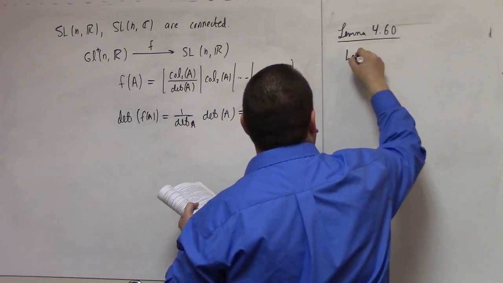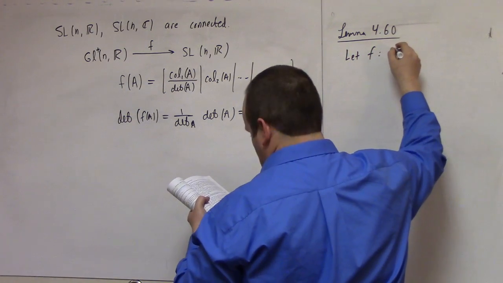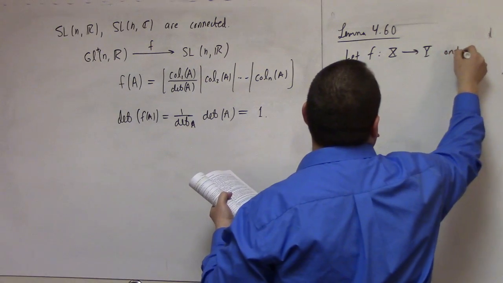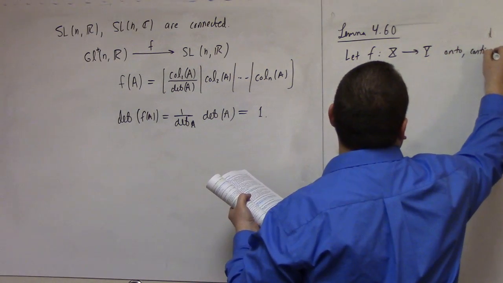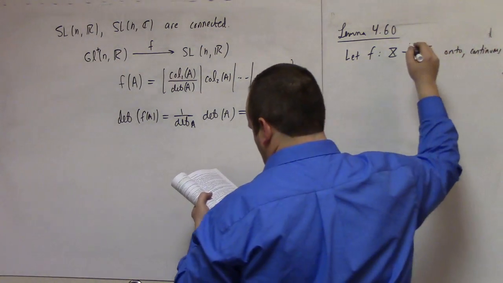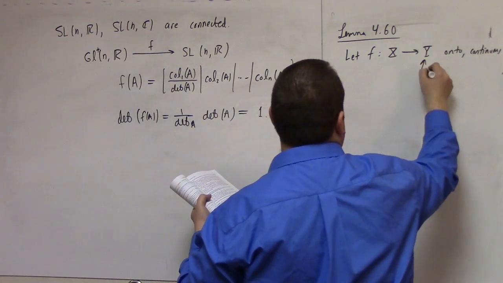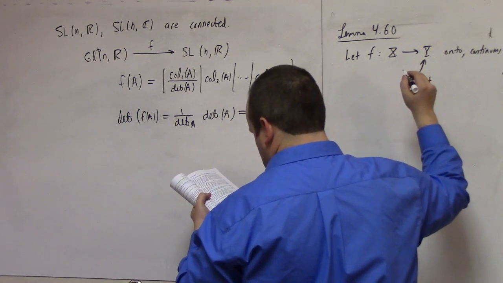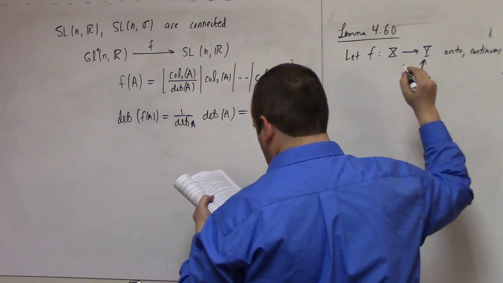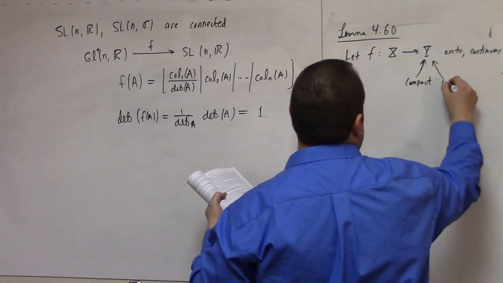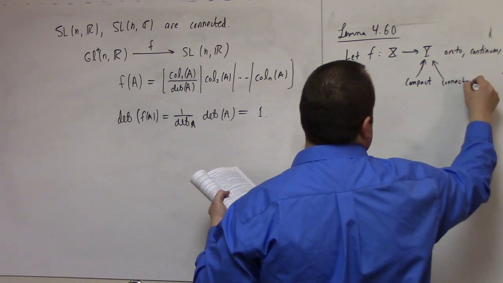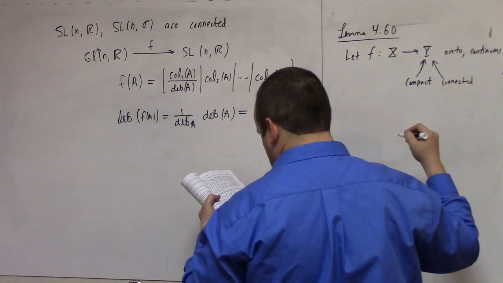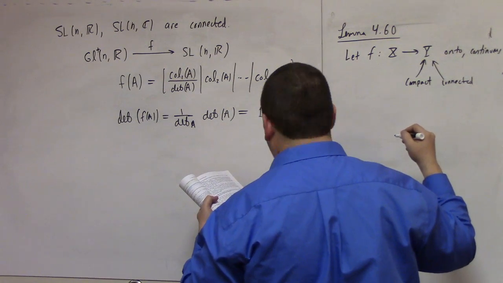Let F from X to Y be onto, continuous. And we're also assuming that Y is compact, connected. I think X is compact. Ah, yes.